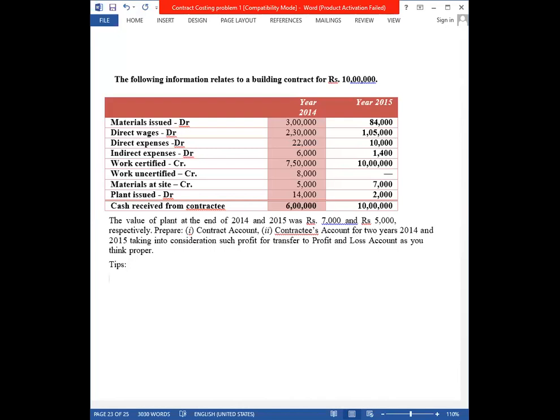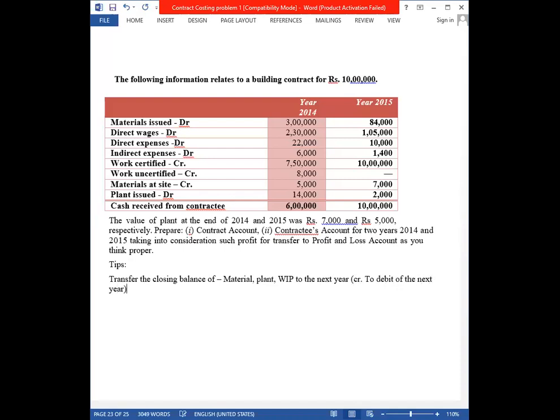You have to transfer the closing balances of material, plant and work in progress. From the credit side, you are going to transfer all these items to the debit side of the next year.